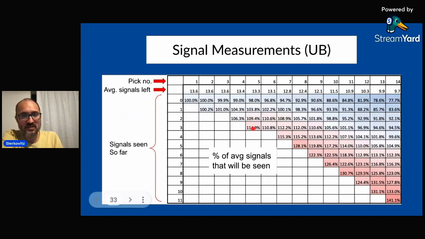And if you've seen three signals for blue-black before that pick 5, including the pick 5, in the future you're going to see 15% more signals of that color combination in the draft than the average. So 15% in here is around 2. So you're going to see 2 whole more signal cards in the future.